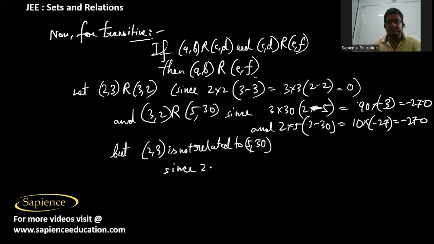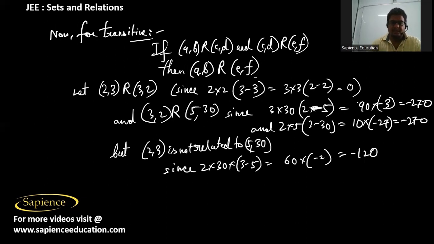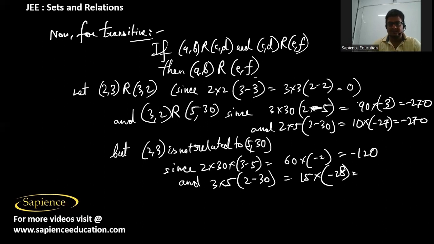Since AD into B minus C will be equal to 60 into minus 2, which is minus 120, and BC into A minus D will be equal to 15 into minus 28, which is minus 420. So it means they are not same.